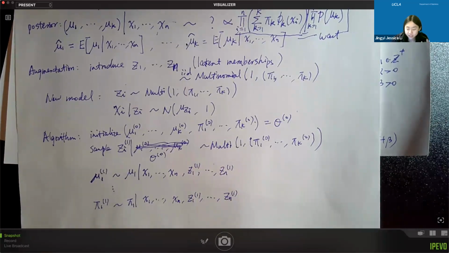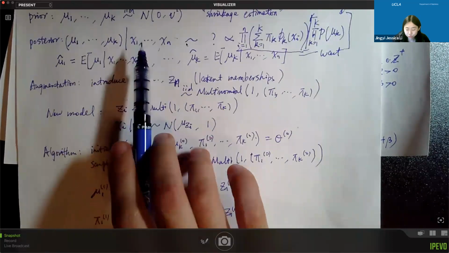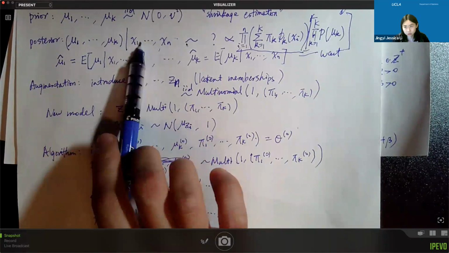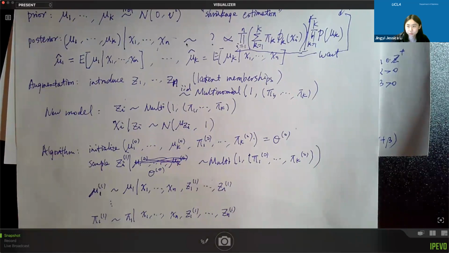This data augmentation is a way to make the posterior easier by having the parameter be conditional not just on our observed data, but also on our latent data. So we can have a simpler form of posterior that allows us to sample the parameters and the latent variables together, like in the Gibbs sampling way.